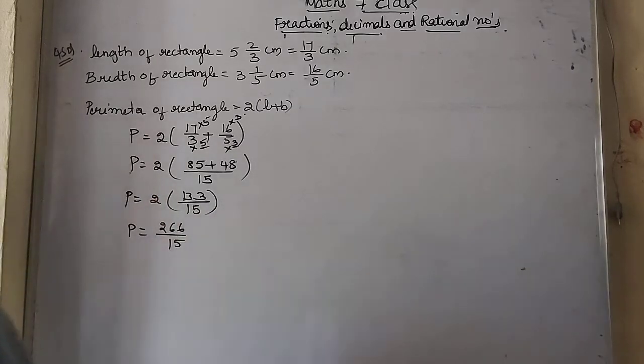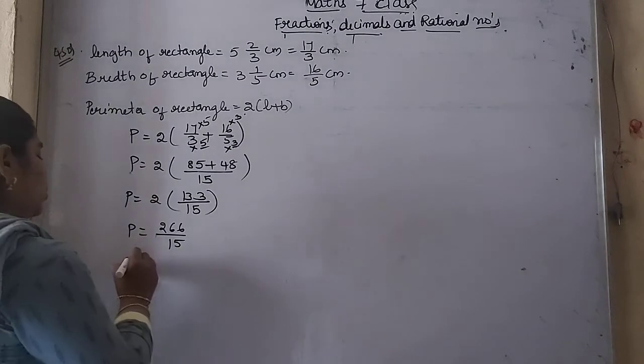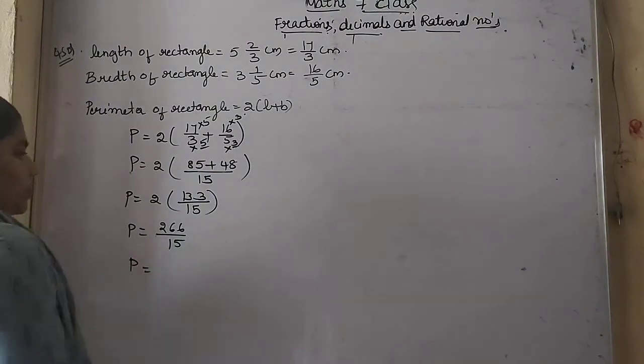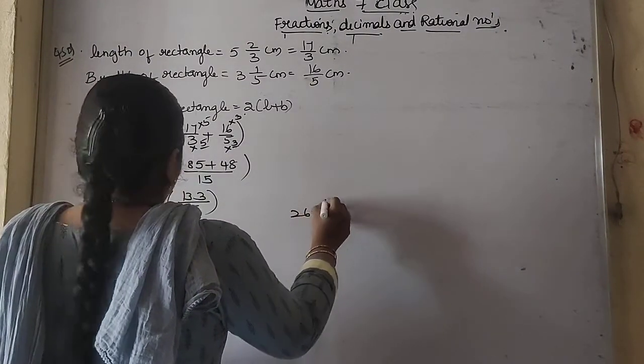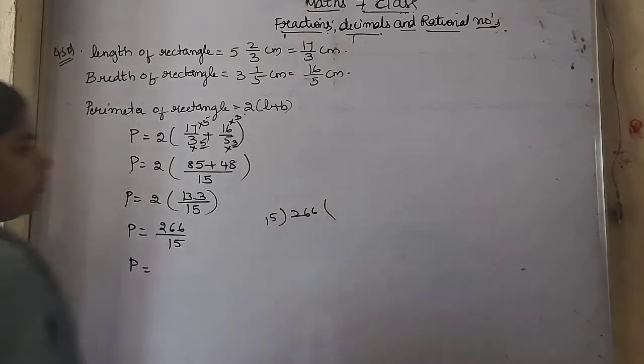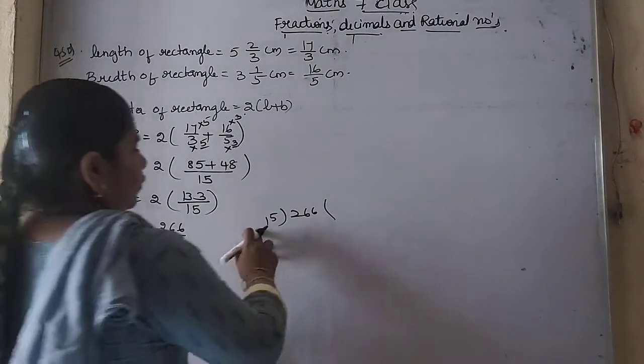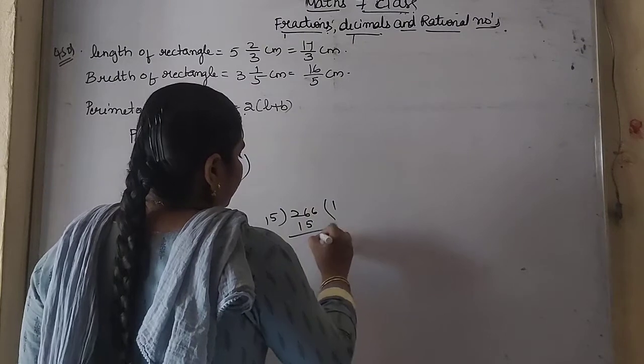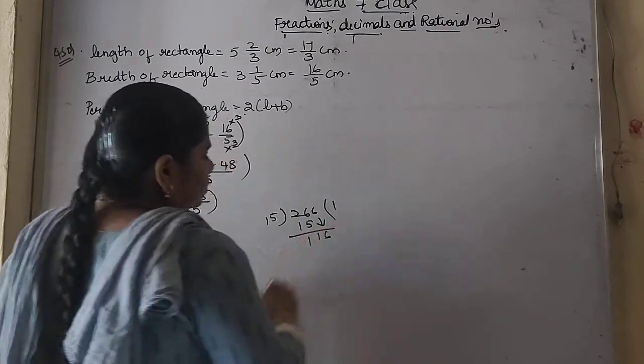Now this one we have to convert into a mixed fraction. So P is equal to 266 divided by 15. So it will be 1 time. 15 1 times will be 15. So bring this 6 down.